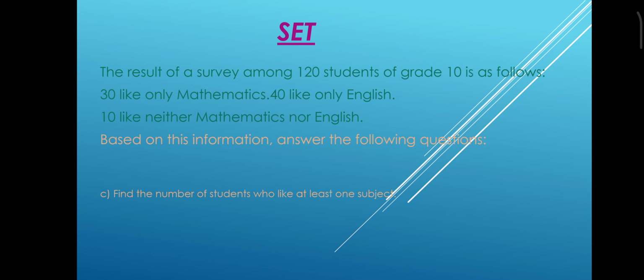Based on this information, answer the following questions. Here are the given questions. A, represent the above information in a Venn diagram. B, find the number of students who like both the subjects. And C, find the number of students who like at least one subject.